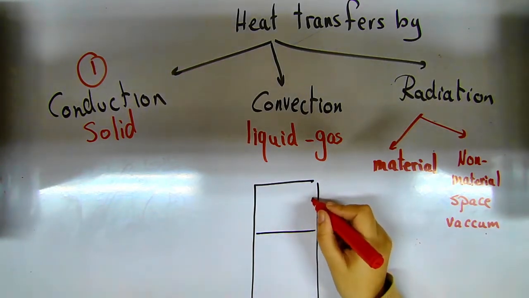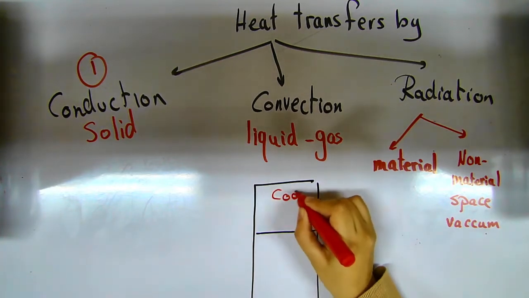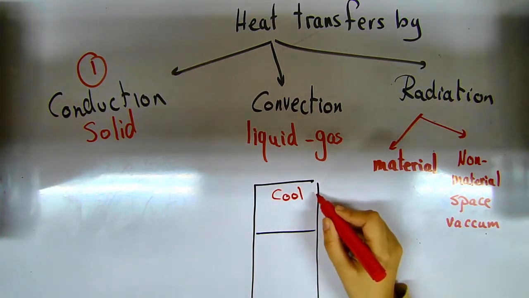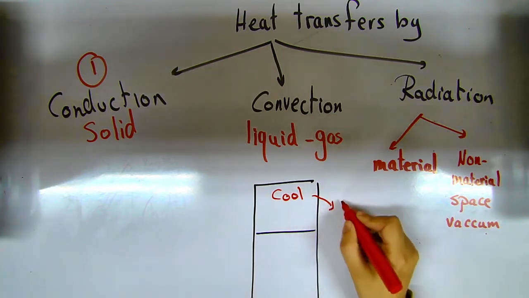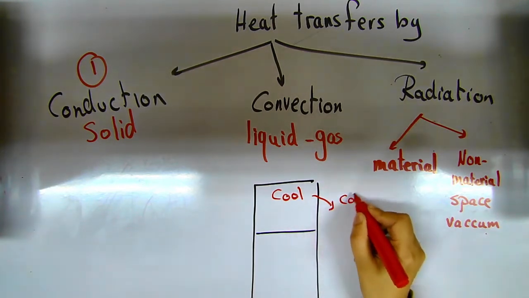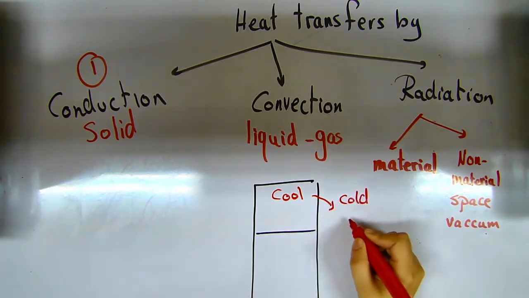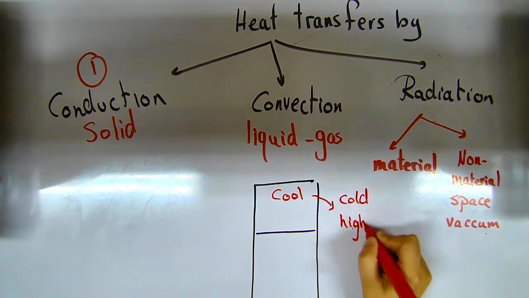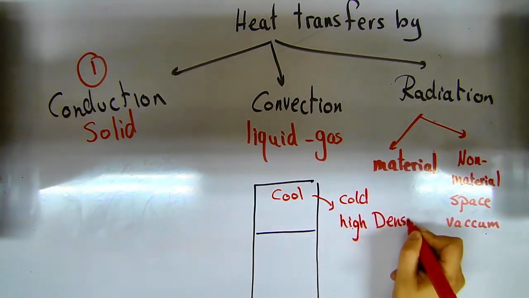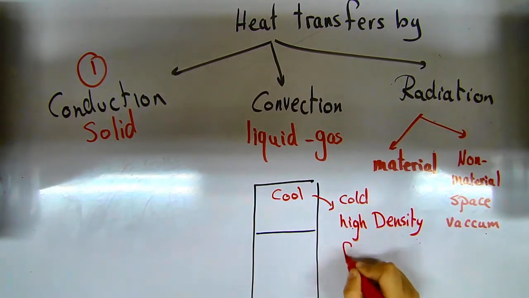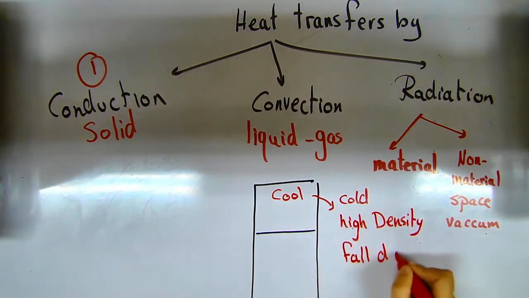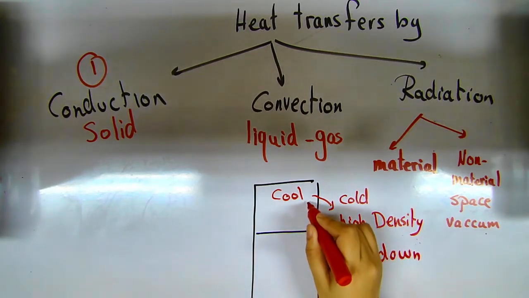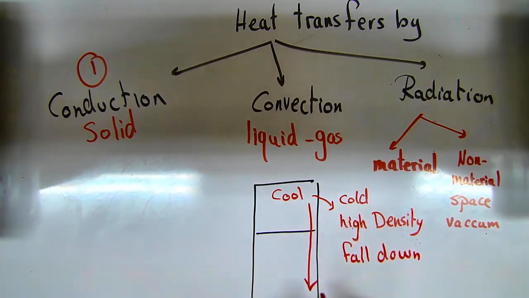So when the freezer cools the air, it will have high density, because the cold air, or as we said, cold molecules, have high density, so they will fall down into the fridge to cool the food.